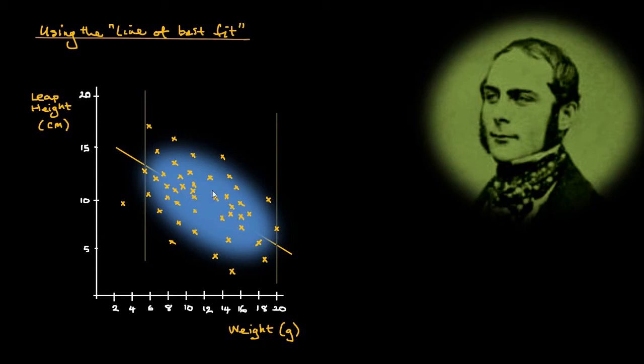And what it means is that in this central region, fairly close to that line, is where the more reliable data is going to be, because there's going to be far more going on here. As we get towards the edges, things are going to get less reliable, and as we go beyond this elliptical shape, things are going to be unreliable, and maybe we don't even want to take any account of it. We might want to ignore this one here, for example. So these we would call outliers.